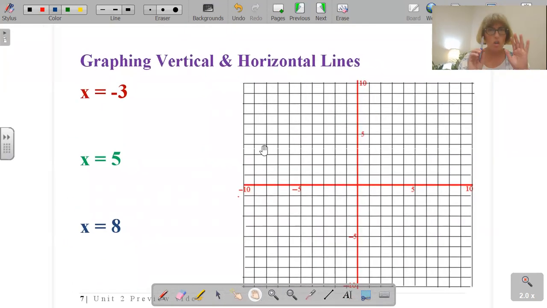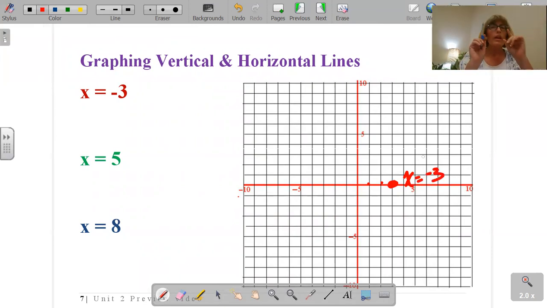Now this looks tricky. It's not. Let me show you the most common mistake here before I show you how to do it correctly, because I want you to get the common mistakes out of the way. x equals -3. Students like to do this. They go 1, 2, 3, x equals -3. Ta-da! I'm done.